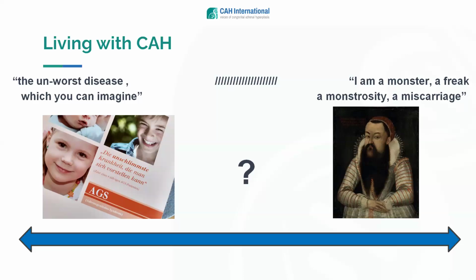But we also have women who say, okay, living with CIH is not a big thing for me. But on the other side, we have people who suffer very much. I did put a picture, a very old picture, below the quote.